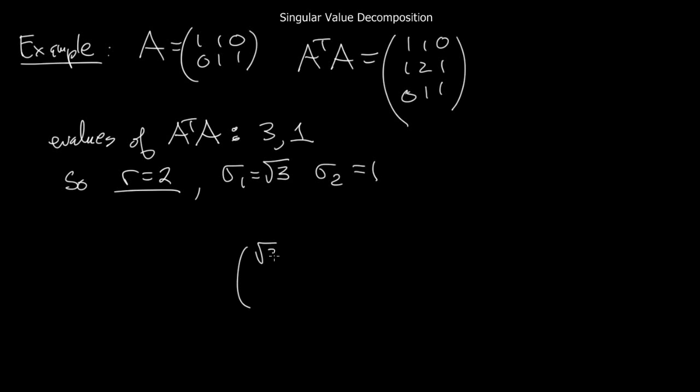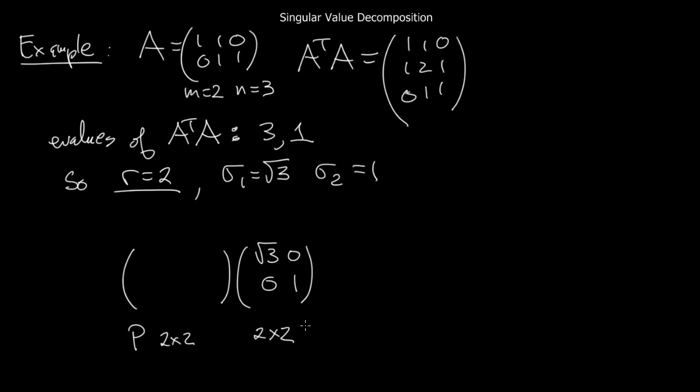Okay, so here is sigma. It's a 2 by 2 matrix. And now P, let's see, m was 2 and n was 3. And so P is supposed to be m by r. So that's going to be a 2 by 2 orthogonal matrix. And on the other hand, Q transpose had better be r by n, which is to say 2 by 3, in order for it to come out the right size.